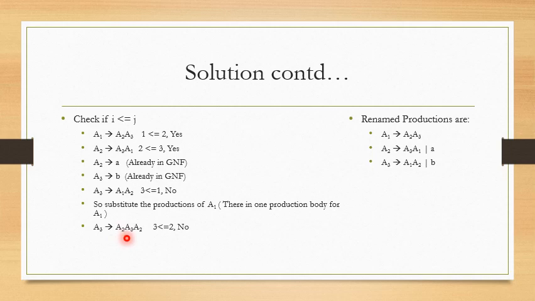Is 3 less than or equal to 2? Again the condition is false. So now I have to substitute the productions of A2. For A2, how many productions do we have? A2 can be A3 A1 and A2 can be small a. So both these productions must be substituted here. Therefore A3 will have two productions after substitution.